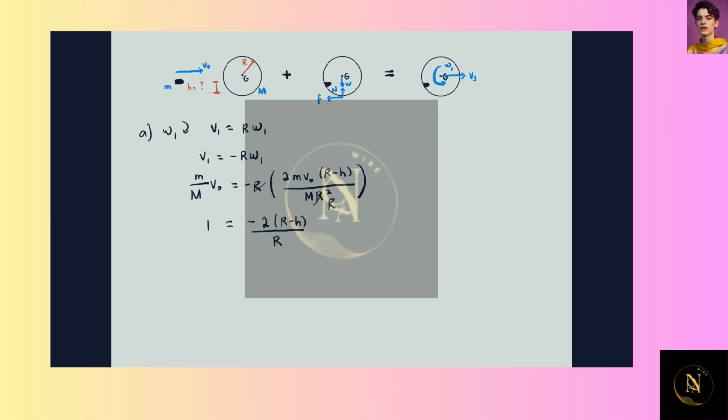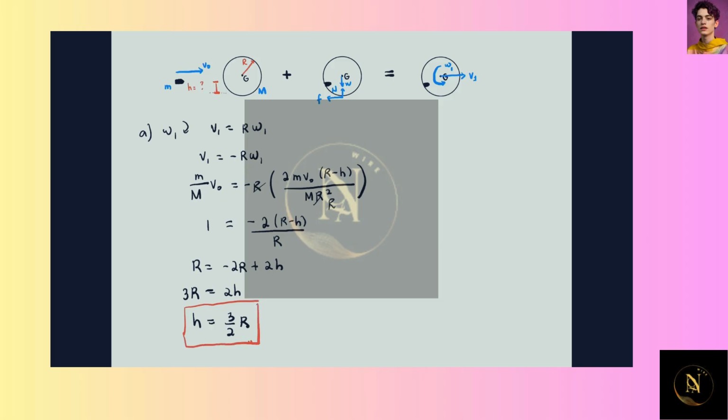So this would be r equals negative 2r plus 2h, so 3r equals 2h. Finally, h is equal to 3 over 2 times r. This is our h for part A.